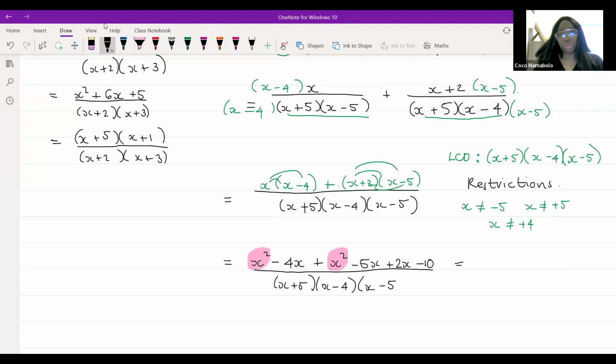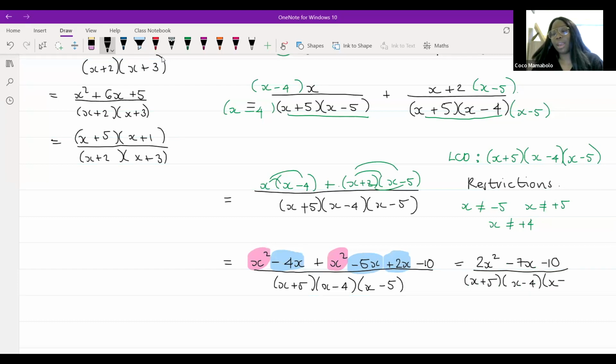That is going to give me 2x squared. And then negative 4x minus 5x will give us negative 9x, plus 2x will give us negative 7x, minus 10, over my denominator, x plus 5, x minus 4, and x minus 5.